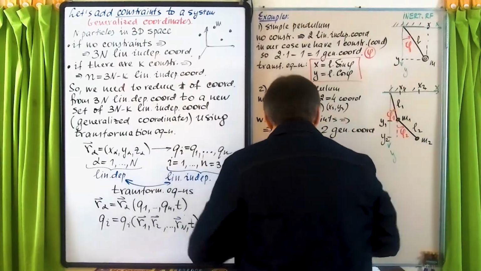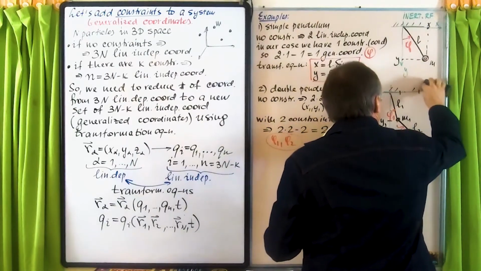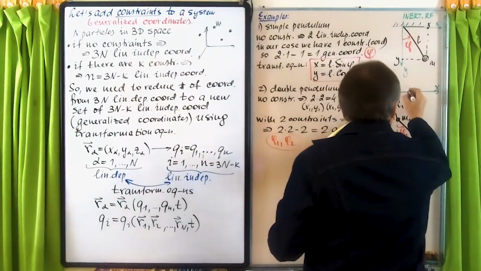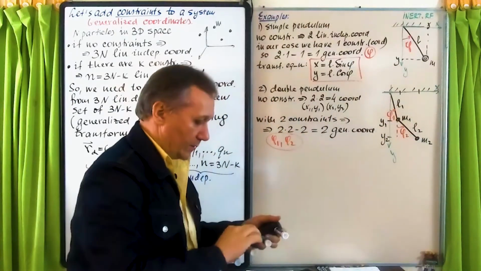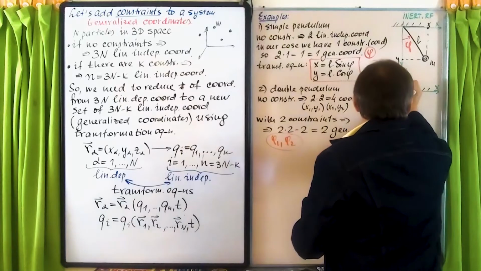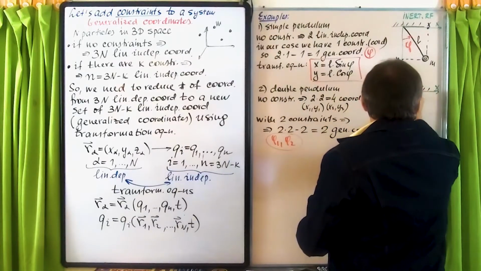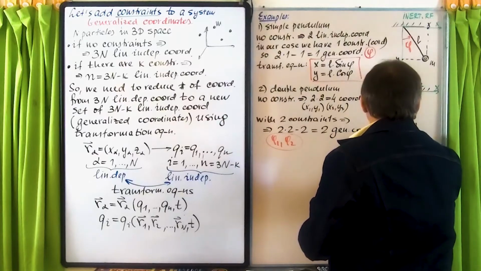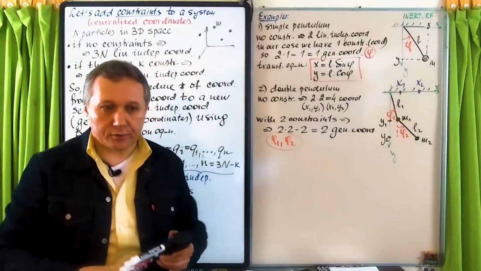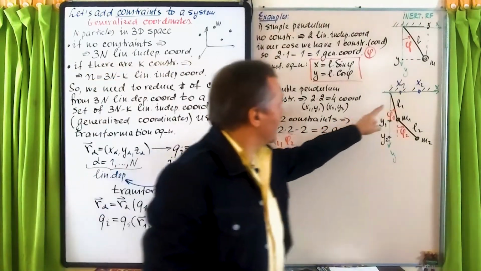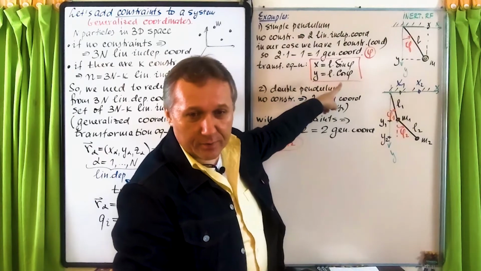Okay, x1 overlaps with that, so let me use a different color, say blue. So this will be x1, this will be x2, and this is y1 and y2. Now just simple geometry. x1 and y1 will be exactly the same as in the first example, right?